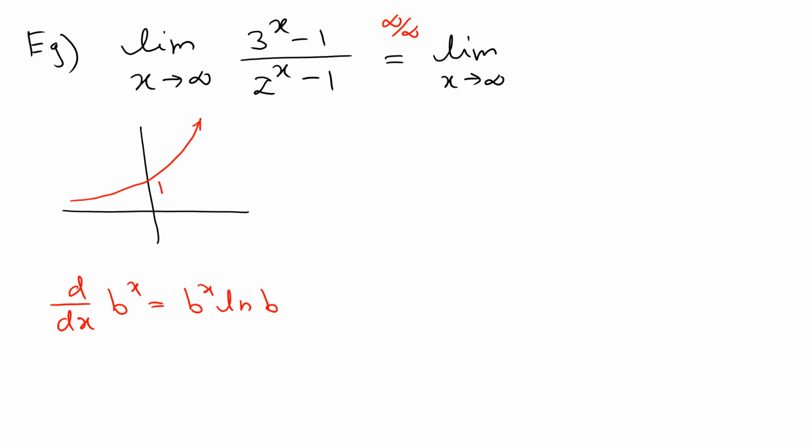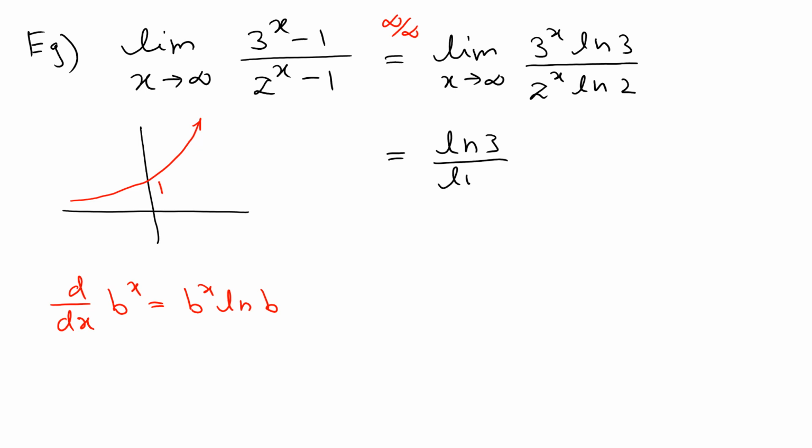Because of that, the numerator is going to be 3^x ln 3, and the bottom is going to be 2^x ln 2. Now what we can do is pull out ln 3 and ln 2, and then we have the limit as x goes to infinity of 3^x over 2^x.